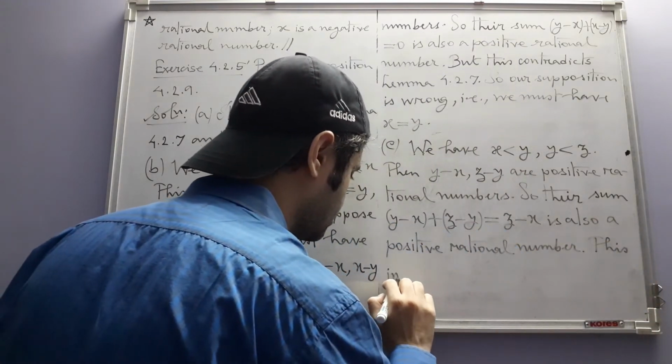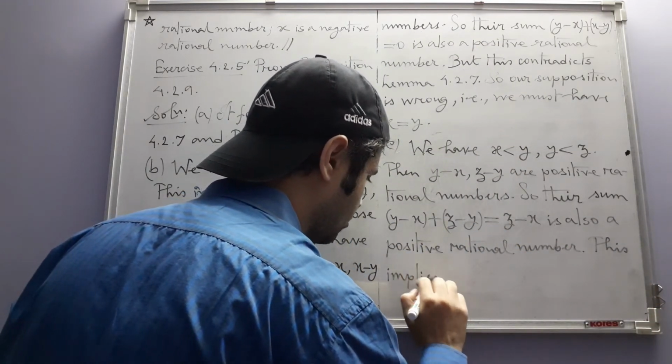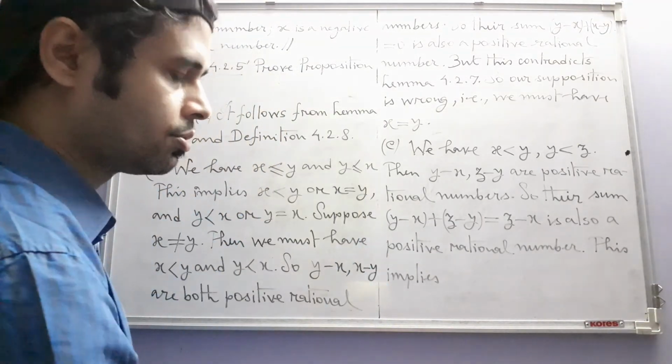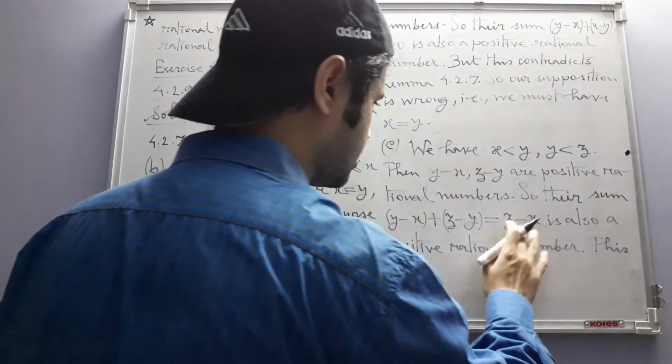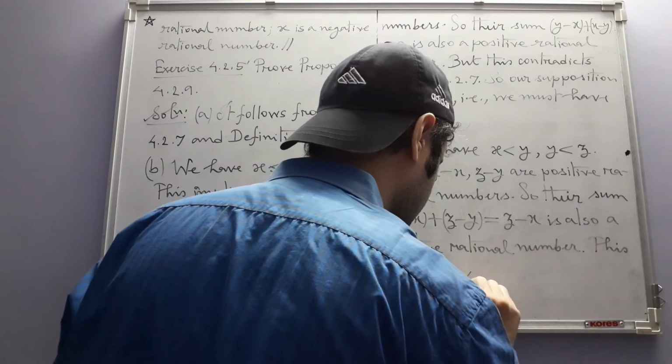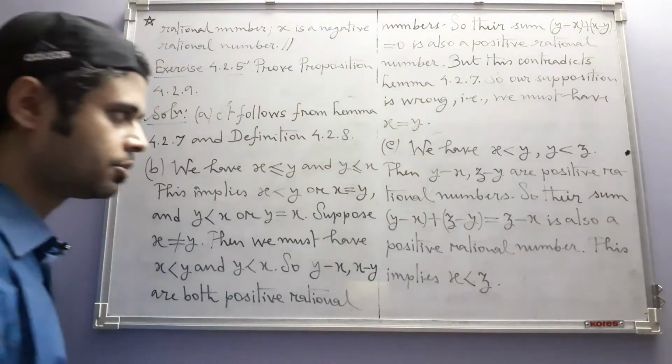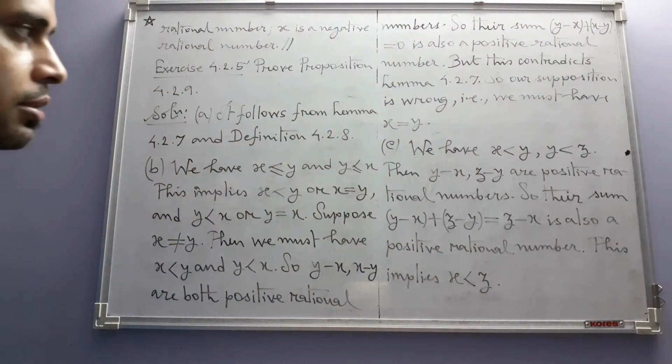This implies, by definition 4 to 8 again, z minus x is positive, so x is less than z, proving that order relation is transitive.